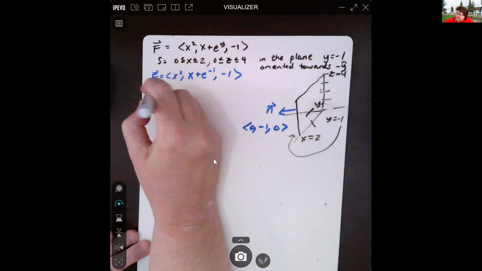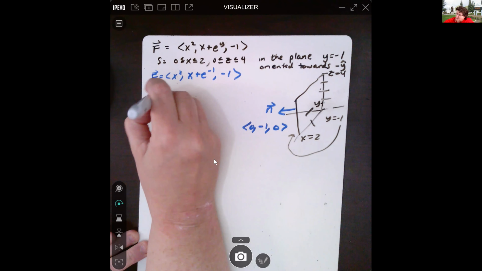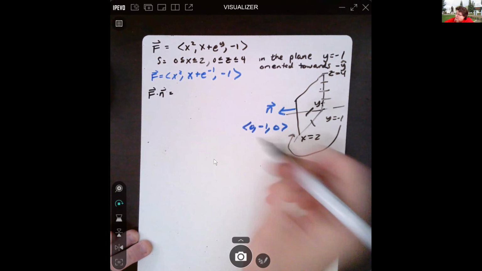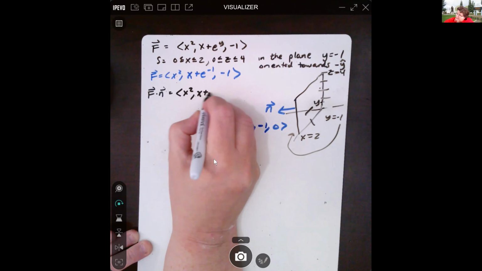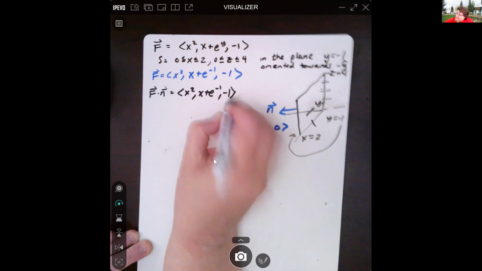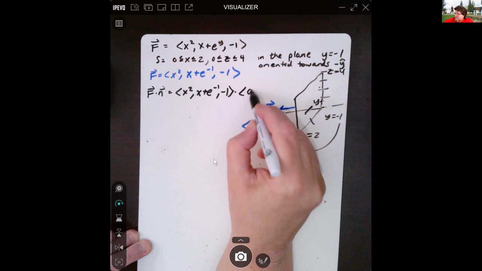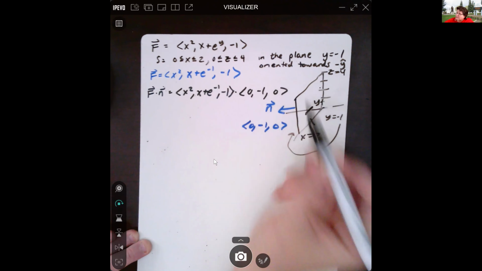So F dot N: we've got x squared, x plus e to the -1, and -1, dotted with 0, -1, and 0.